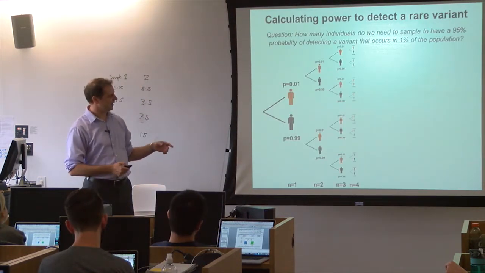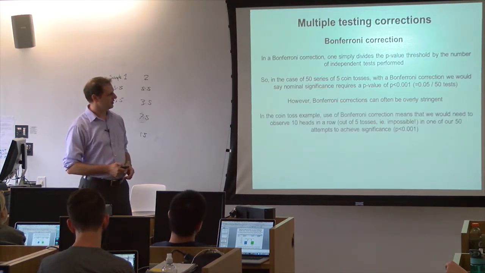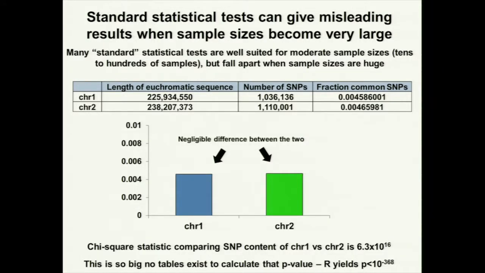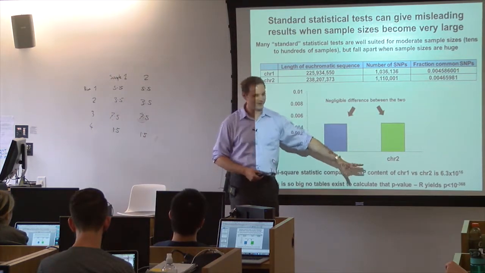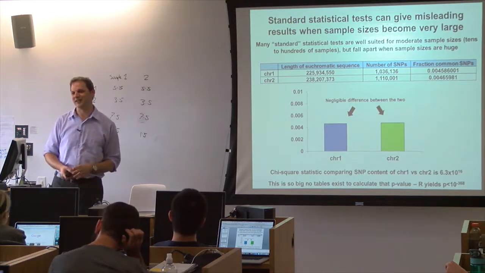And that's exactly what we have here in this example I showed you of the chromosome. It's giving us a massive p-value, but it's merely a fact that we put in so much data, we have such a huge power because we have so many observations, that even a minuscule difference is coming up with an enormous p-value. And so is the p-value meaningful anymore?